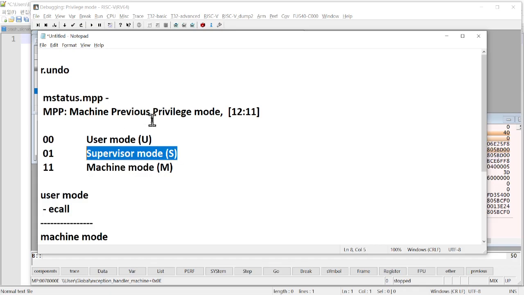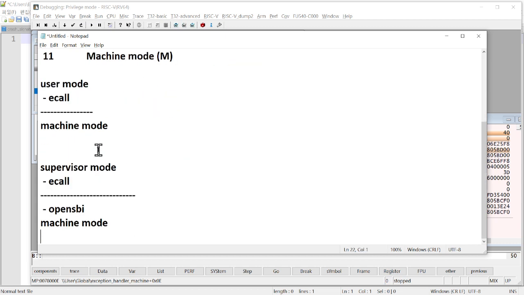So the MPP field indicates the previous privilege mode. Now at the moment it is updated to 0, 1 value. Another piece of information is that there is an important crucial software stack layer, that is OpenSBI. OpenSBI is the most important firmware layer available in the machine mode.